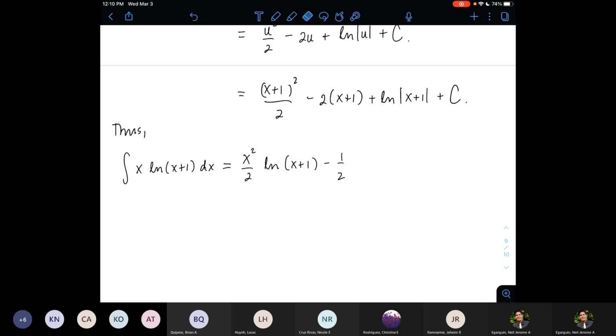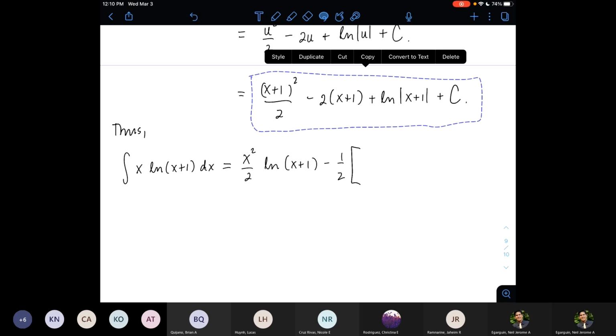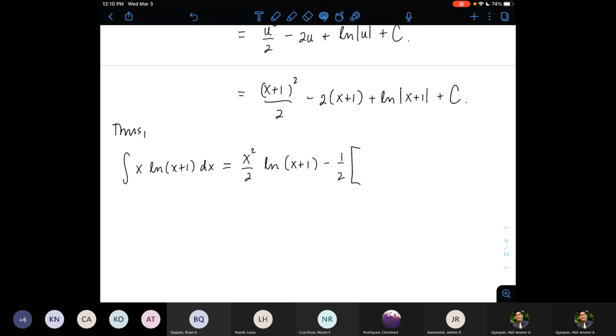That thing is this guy. Then we can just write the plus c over there, because c is just a random constant. So if you multiply it by negative 1/2, it's still a random constant. So I can write it in this form.